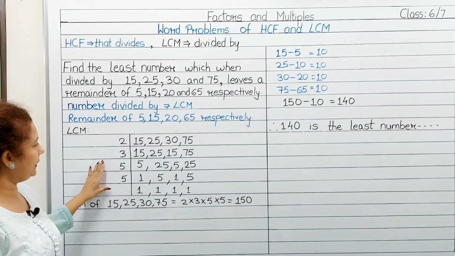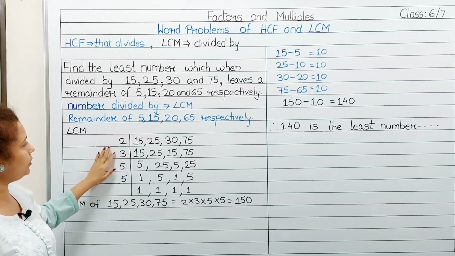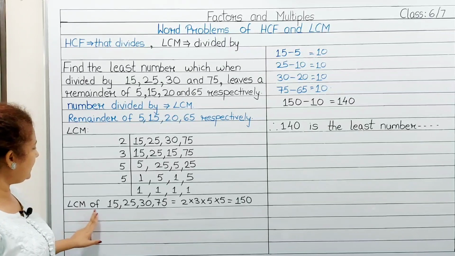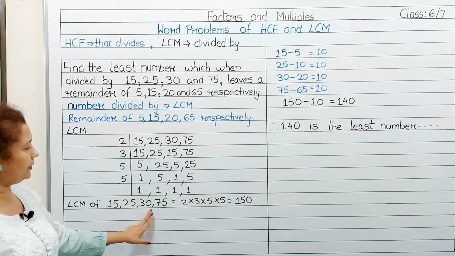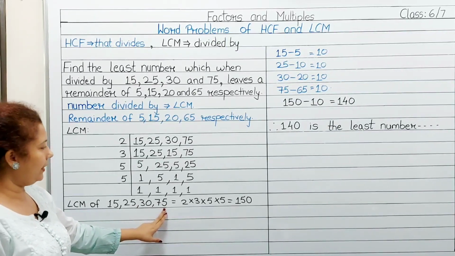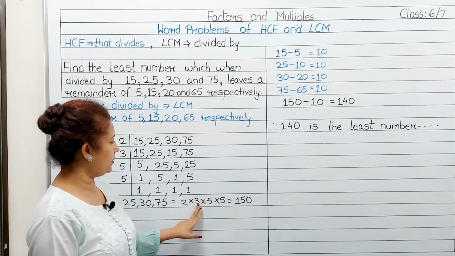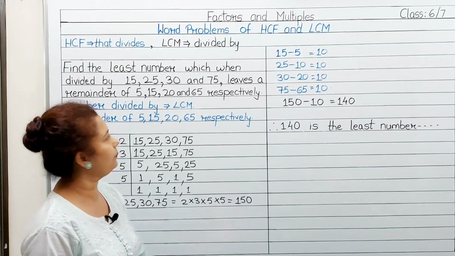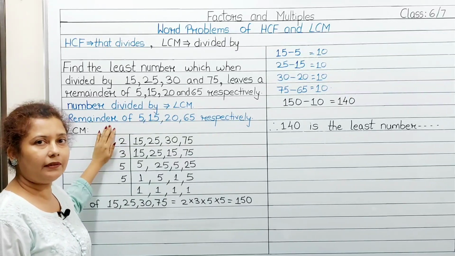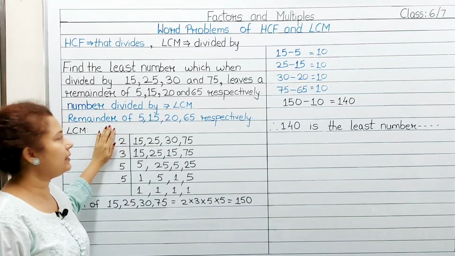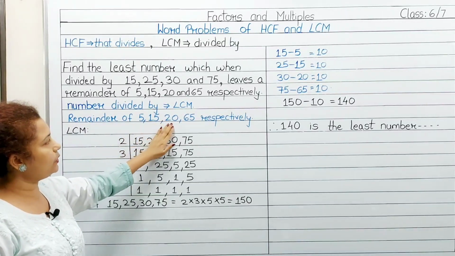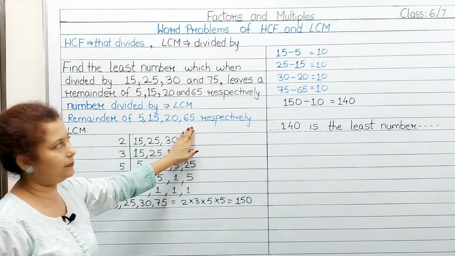So when we will find the LCM, we get the factors 2, 3, 5, 5. So here LCM of 15, 25, 30, 75 is equals to 2 into 3 into 5 into 5 is equals to 150. Next important thing given in the sum is remainder. Remainder of 5, 15, 20 and 65 respectively.